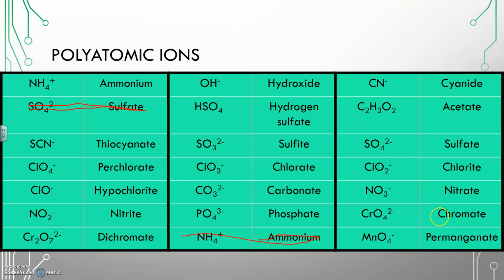Then you have a couple other ones that are a little bit funky. You have acetate up here, C2H3O2. That's just another straight memorization. Hydrogen sulfate adds on a hydrogen to your sulfate ion, which is right here. You'll also notice that it changes the charge. The hydrogen has a +1 charge on its own.